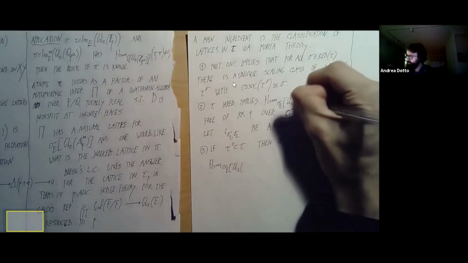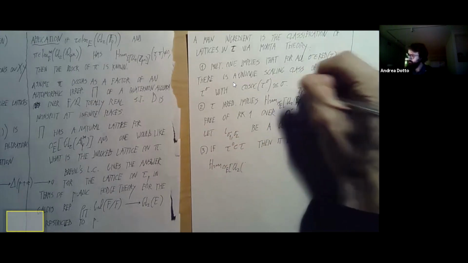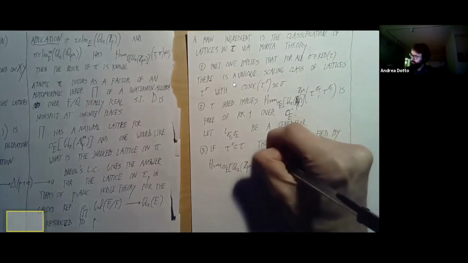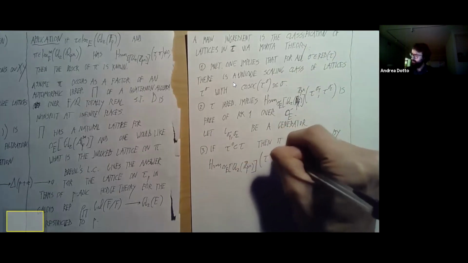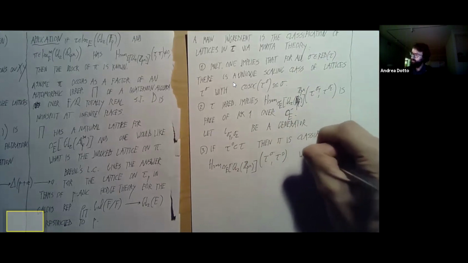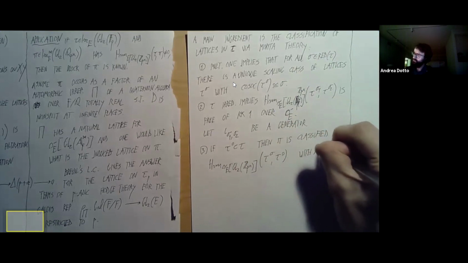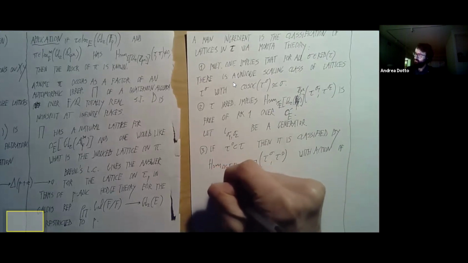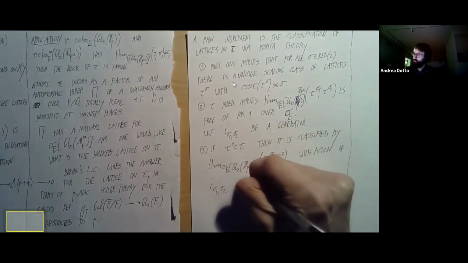Maybe here I should have said Z_p to the n. Tau sigma, tau naught, with action of iota sigma 1, sigma 2 for all sigma.